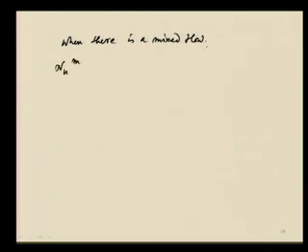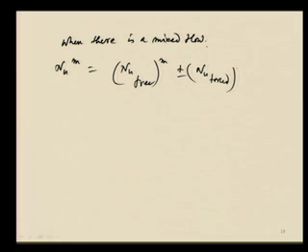So, under that situation, when there is a mixed flow, we can have the Nusselt number for the mixture equal to Nusselt number free to the power m plus or minus Nusselt number forced to the power m, and m is nearly equal to 3.